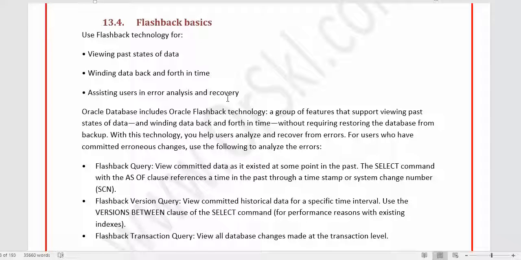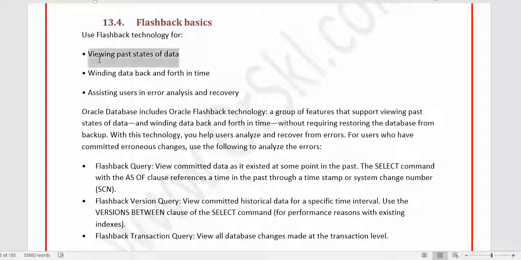Now the user comes back to the database administrator and tells him that at such and such timestamp, I performed these transactions on the table. Now all these transactions are flawed transactions and I wanted to revert them back. When you get such issues, one feature inside the Oracle database that saves the time of the DBA is flashback.